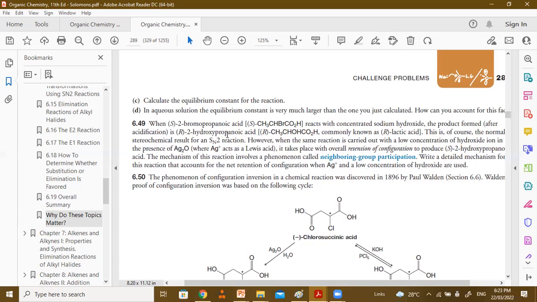But since you have your Ag plus acting as an acid, it takes place via overall retention of configuration. So that's why you have to propose why you will have an S retention of configuration and not the R.